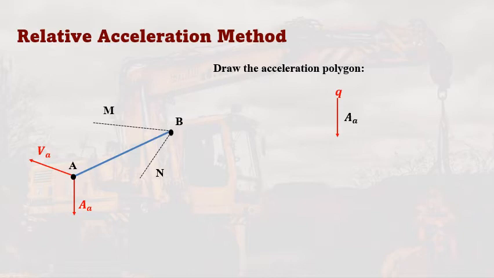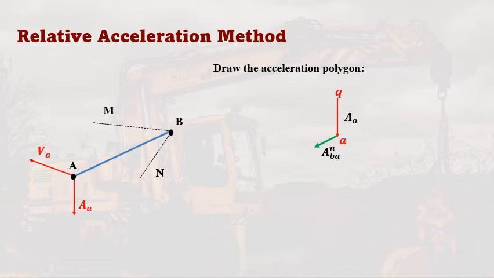And from that, we will draw the value that we computed, which is the acceleration of B relative to A normal. So you can use again an acceleration scale this time to draw it from the head of A. Because this is the normal component, and we know that the normal component or the radial component is moving from the point to its point of rotation.